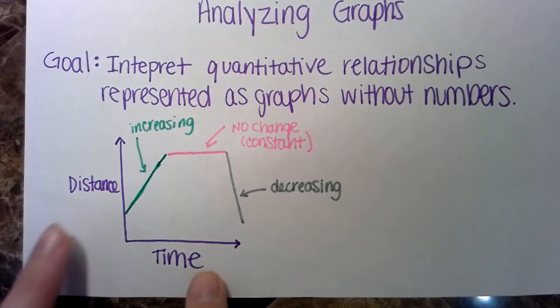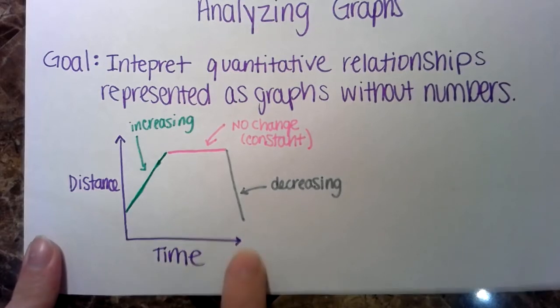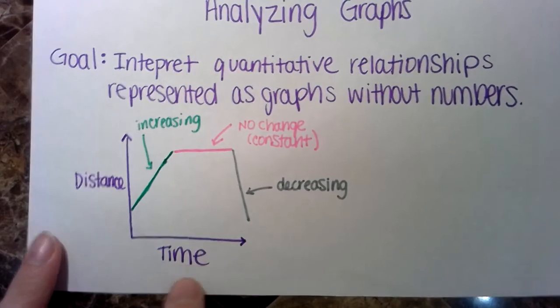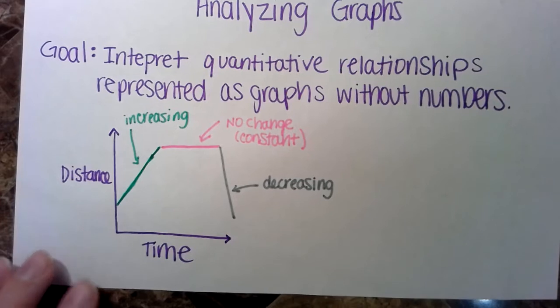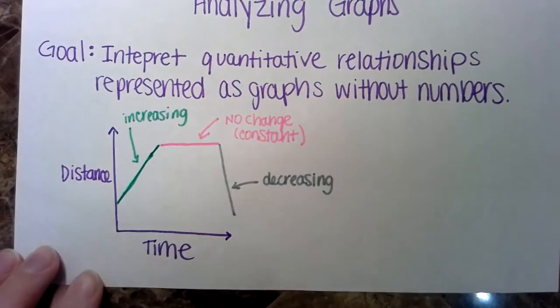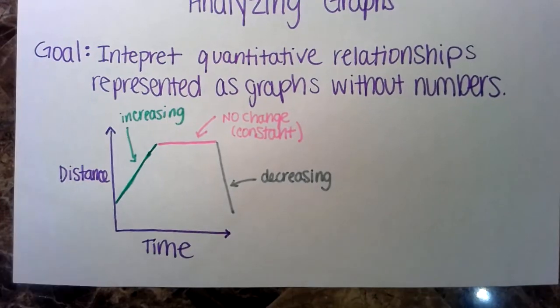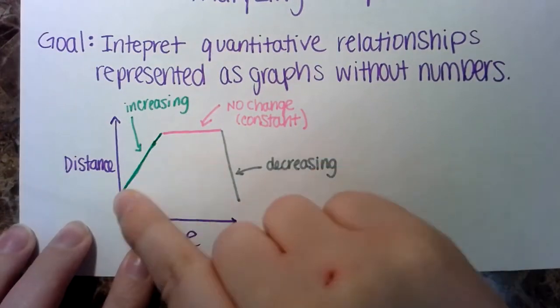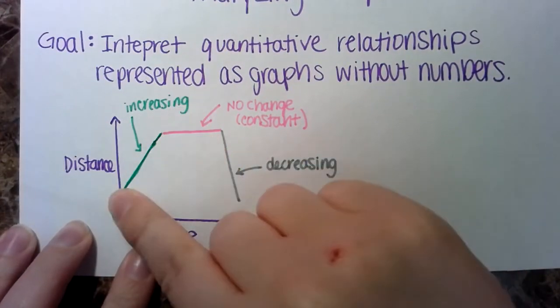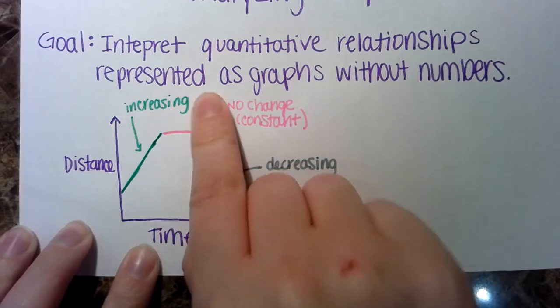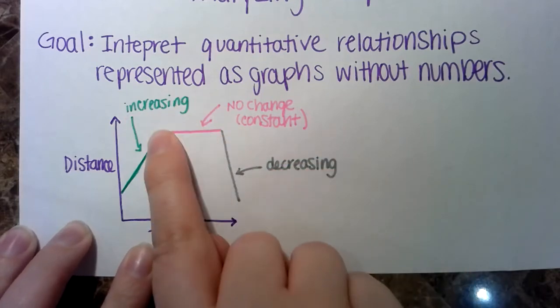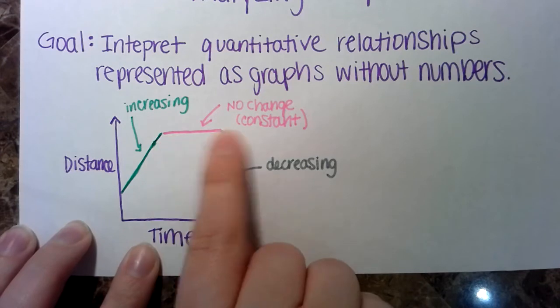Now, time, or months or years, is always going to be at the bottom, whereas distance or something that's changing is going to be on the side. And some words you're going to see: a line that's facing this way is going to have increasing data. This is going to have what's called no change, or it's going to remain constant.